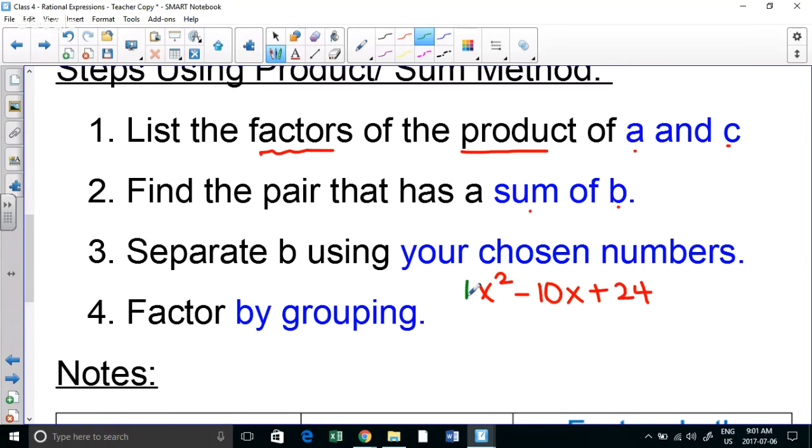So here I have a, b, and c. My product is going to be 1 times 24, which is 24. Separate that into the factors. Well, I know the factors of 24 are 1 and 24, 2 and 12, 3 and 8, 4 and 6.